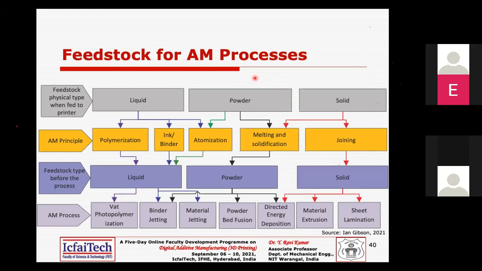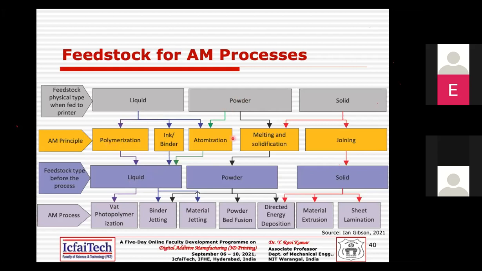Before that, in continuation with the feedstock or raw material forms, which are predominantly liquid or powder, this is a well-known classification of feedstock materials. But you may have certain cross-linkages, powder to liquid, because of recent advancements.